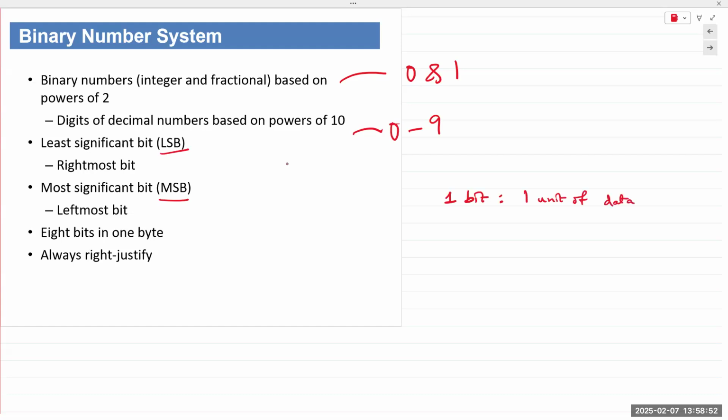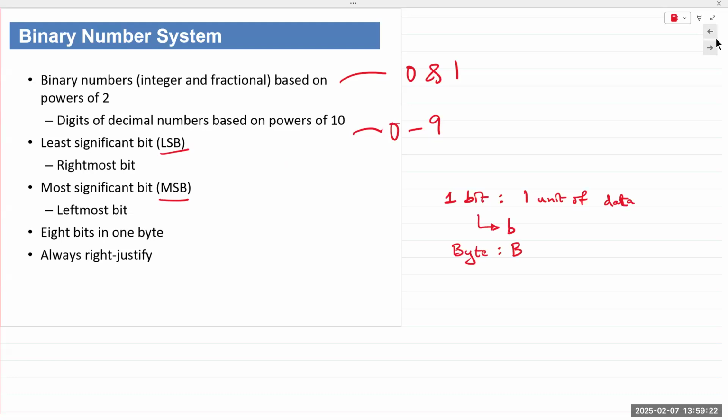And the data could have a value of 0 or 1, right? Even if it has a value of 0, it still has meaning, right? A bit is represented with the lowercase b. 8 bits together make up 1 byte, and 1 byte is uppercase B.